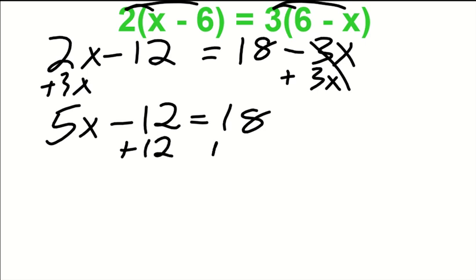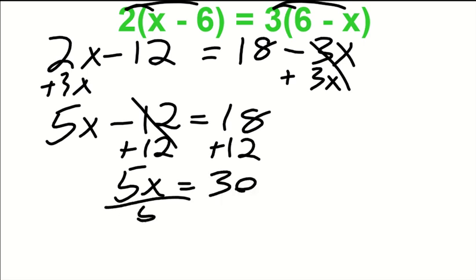Get rid of the subtraction by adding. So we get 5x equals 30. Then we divide. We get x equals 6. By weird coincidence, the last few have ended up with 30 at the end. But any questions on those?